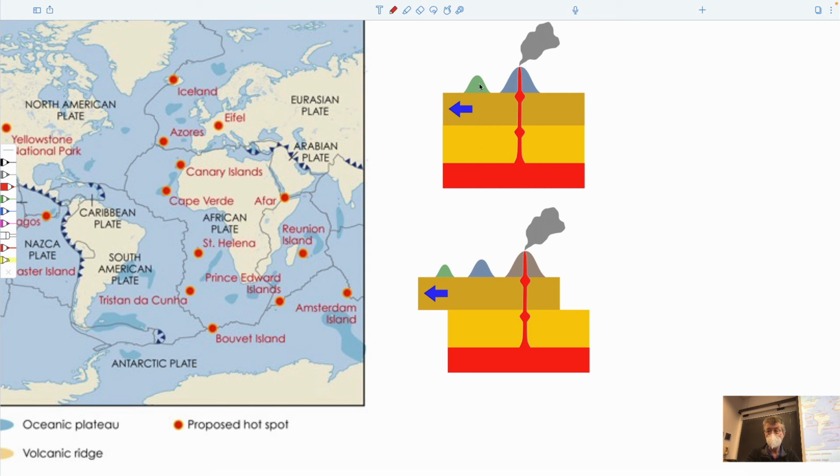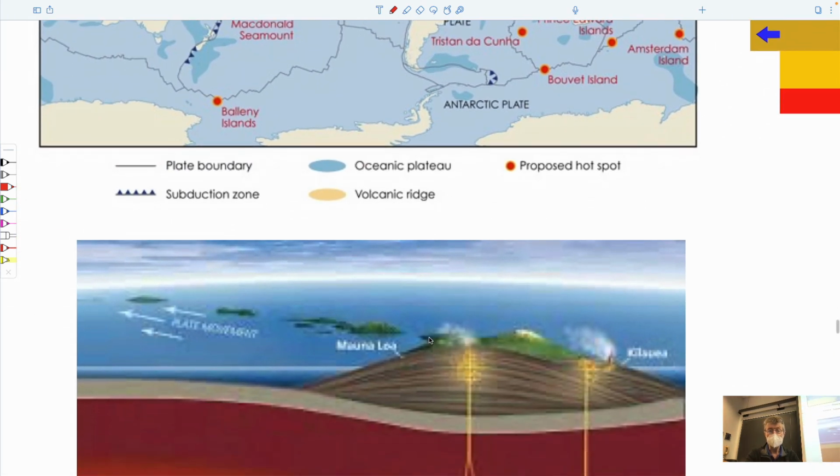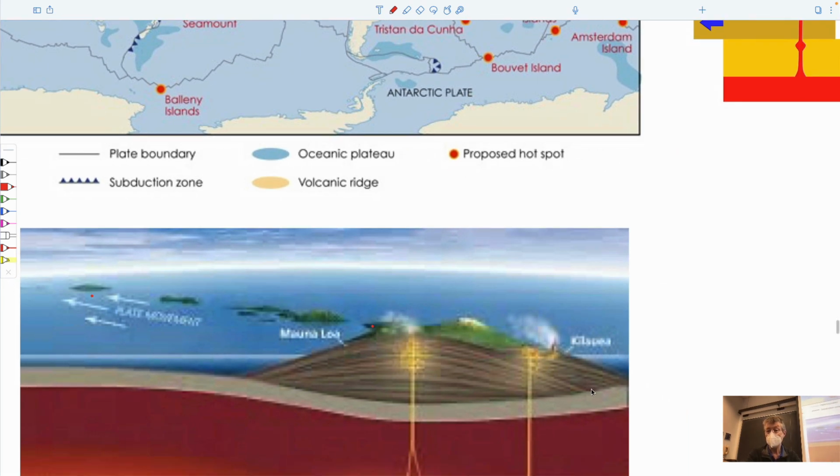So old volcanoes that were once here are migrated away from it. Erosion occurs and they fall apart and they get smaller and smaller. So if you look down the chain, you see the large ones which are actively being produced, the smaller and smaller ones that are older and older as you get further away, and that are being destroyed by erosion and then will ultimately disappear below the waves, while new ones get created as Mauna Loa indeed migrates off-site.